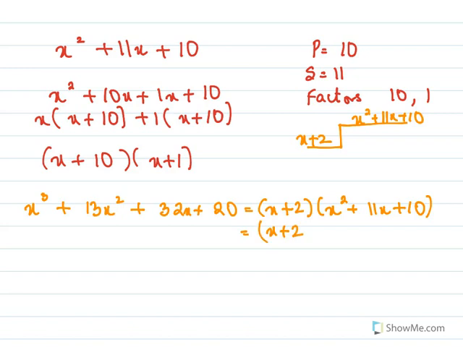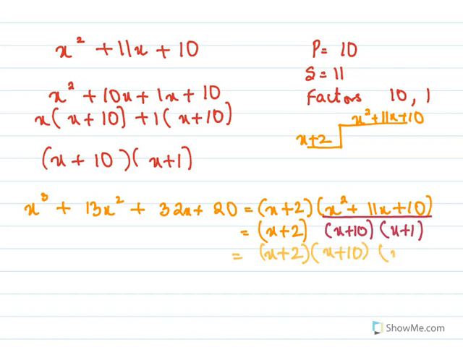Now we have also factorized this as x plus 10 and x plus 1. So the factors all put together will be x plus 2, x plus 10 and x plus 1. These are the factors of the polynomial.